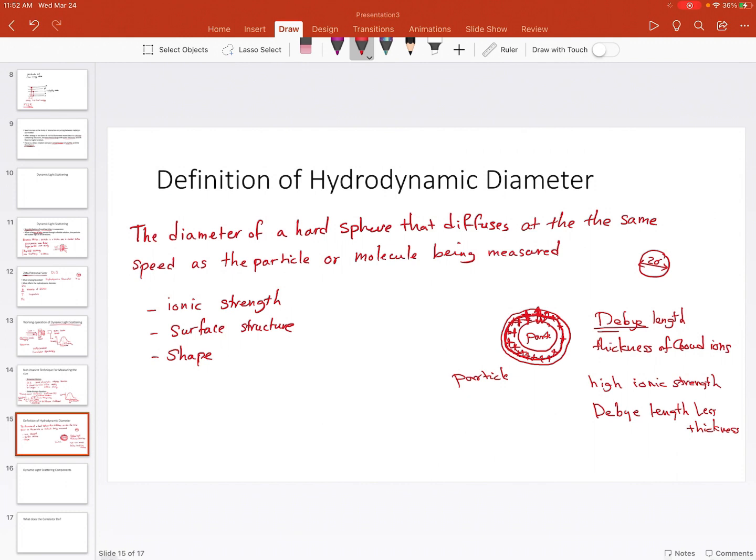One example is if you have your particles suspended in a salt solution.